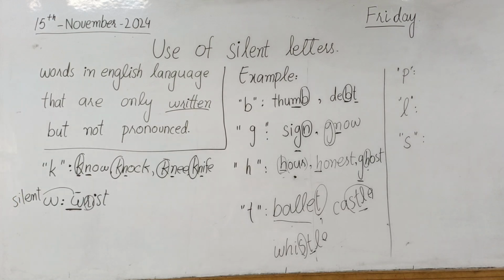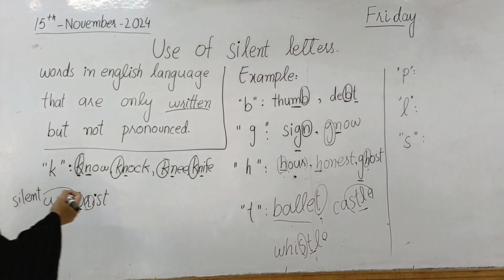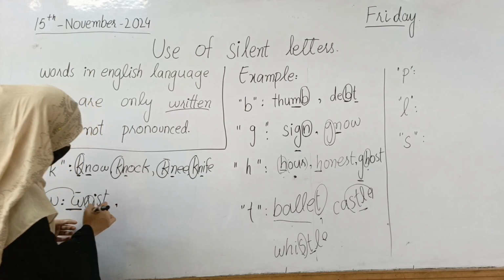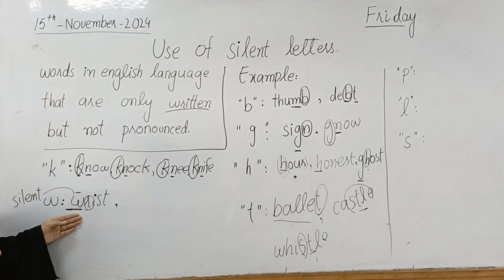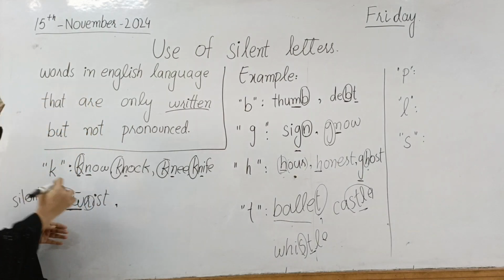Let's consider some other examples containing W as a silent letter. We have just discussed the example of W as wrist, and we will be discussing write, and you can say wrapper. Yeah, the wrapper. Before R at the start of any word, W is silent.